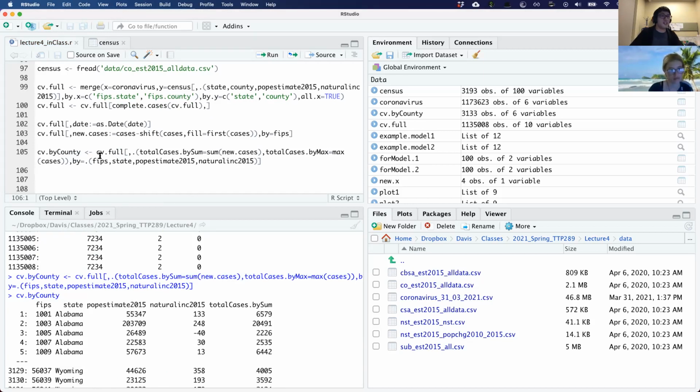In this particular case, we can group the total cases by sum. So if I add up all of the new cases, and look at the largest set of new cases broken down for each of the locations, we can see what that looks like.